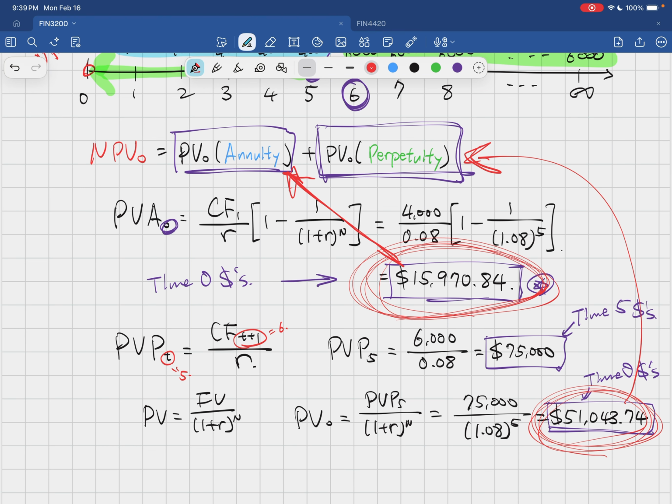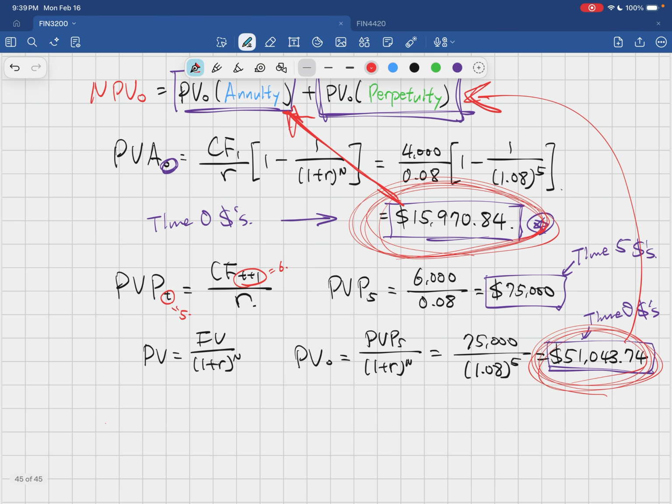So the net present value of all of the cash flows is just $15,970.84 plus $51,043.74, and that's $67,014.58.